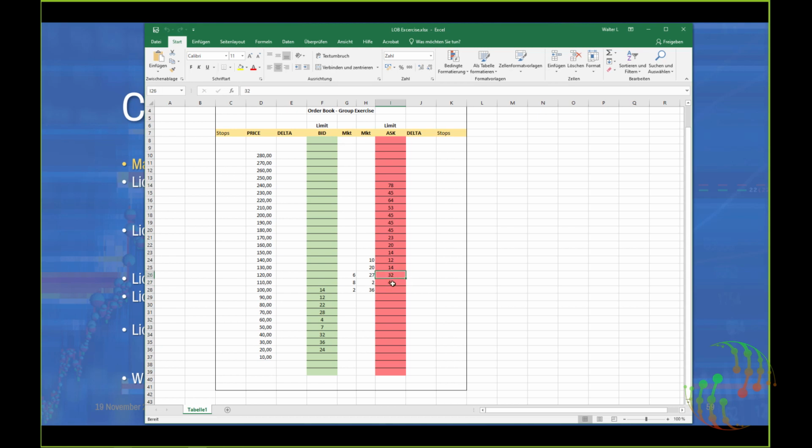I can do that by 35, I can do 67, I can do 32, I can do 54, whatever. And I have manipulated the direction of the herd.